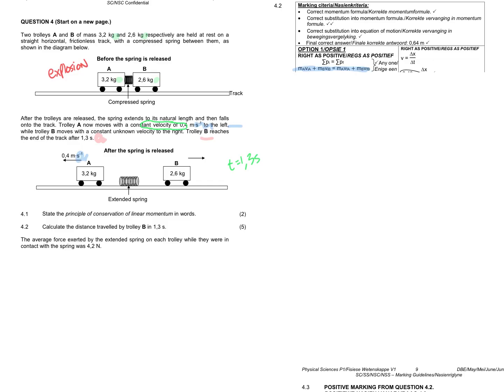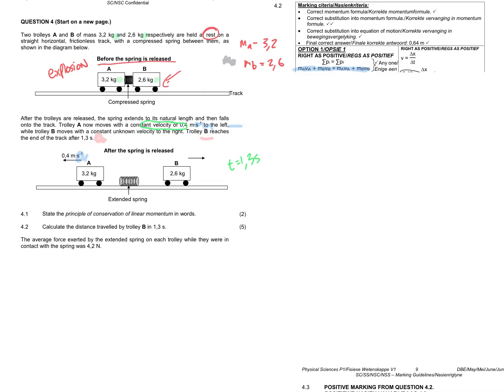The masses are typically quite easy to get. So 3.2 can be mA. So mA can be 3.2. mB can be 2.6. Now we have vA, vB in the beginning and vA, vB at the end. Before the spring was released, you can see in the picture they're just sitting there, and the story confirms it.